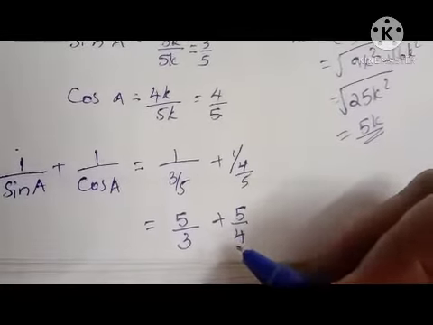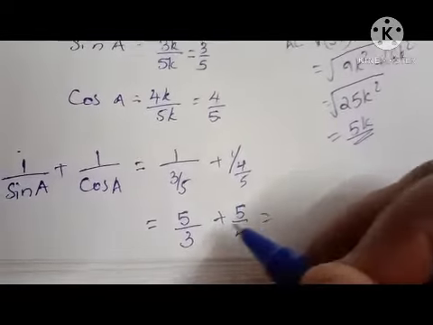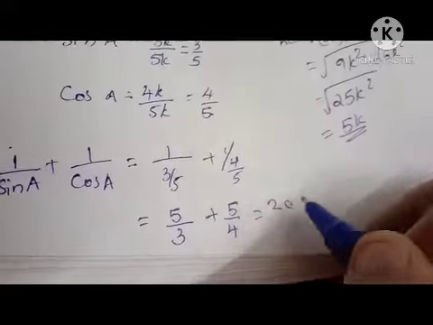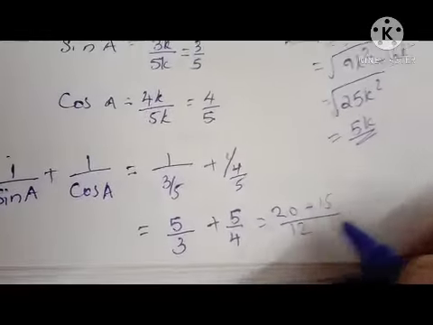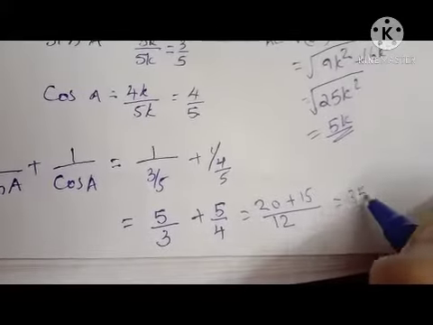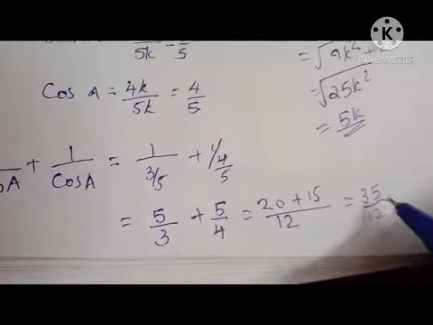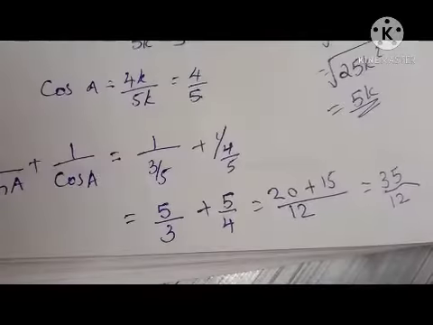Then we have to do the cross multiplication. Then 5 4s are 20 plus 5 3s are 15 by 3 into 4 is 12. So 35 by 12. 35 by 12 is the value.